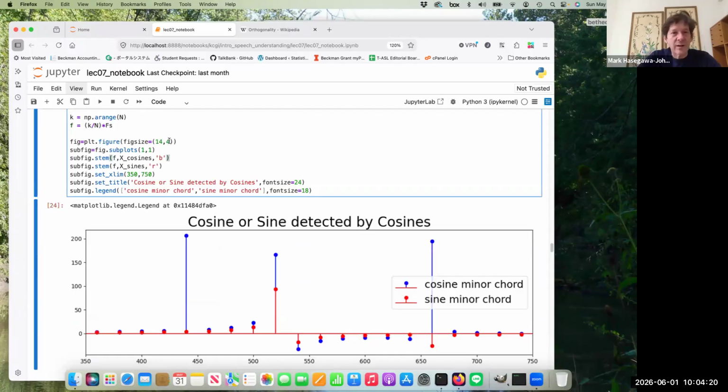Let me create a much bigger plot here, and let me plot three subplots.